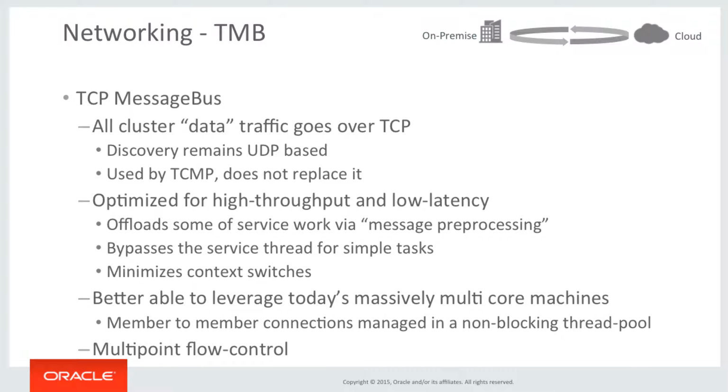Another design aspect of TMB that's important, especially in comparison to the legacy reliable datagram, UDP datagram engine, is that TMB was designed to be able to leverage the massively multi-core machines that are now very common. So as we create TCP connections between all members in the cluster, each member has a non-blocking thread pool for processing those connections, whereas the legacy datagram engine had a few single-purpose threads.